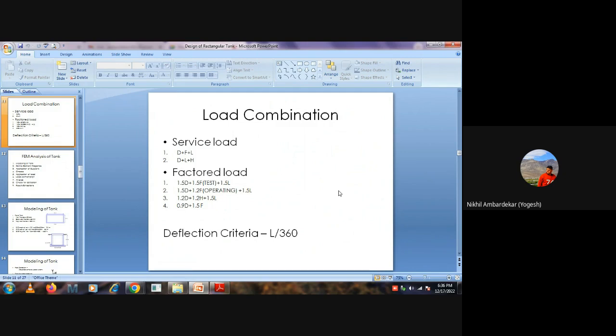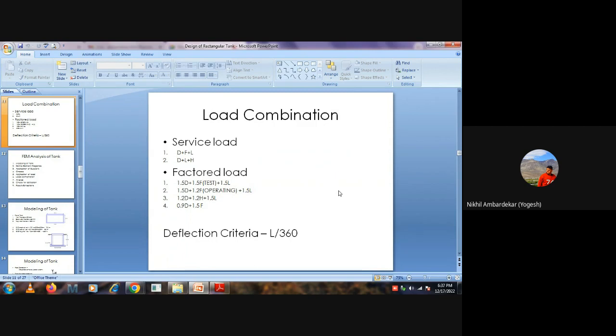But as I previously mentioned, before that we need to have an understanding of the tank's behavior. Suppose we consider one wall panel: how will it bend, what will be the approximate bending moment and shear force for that wall, where will I get maximum forces, and what will be the bending deflection pattern. That we should know.